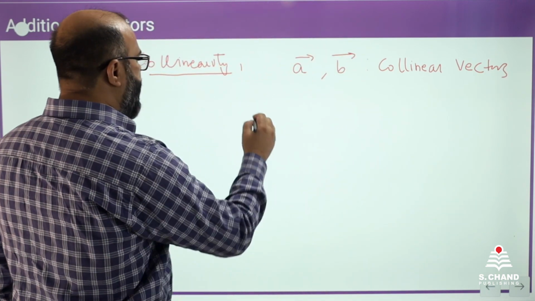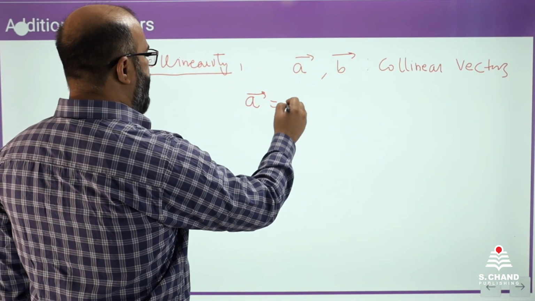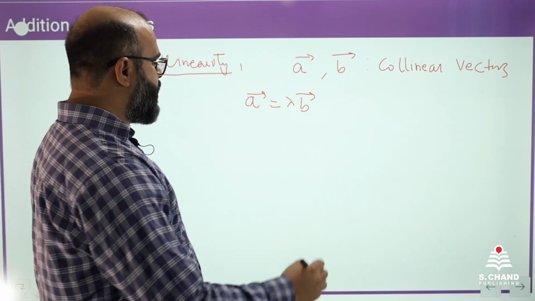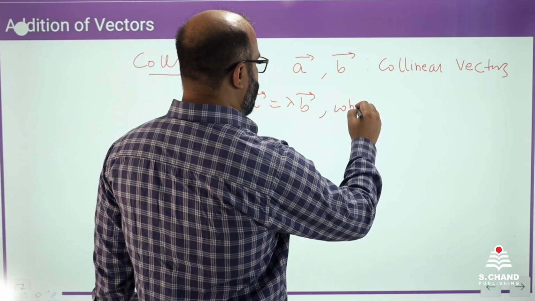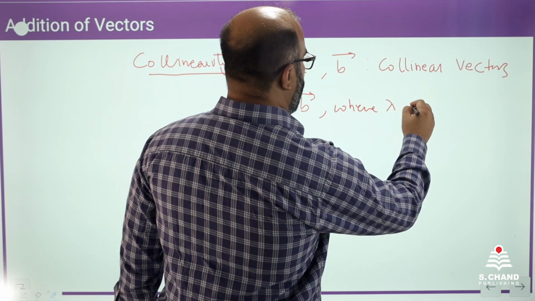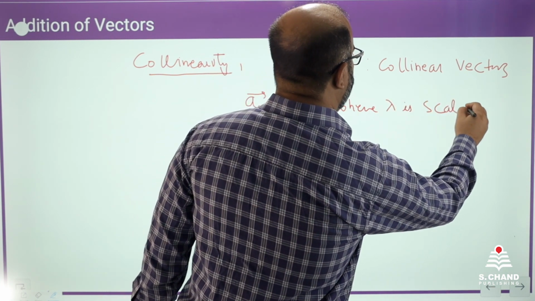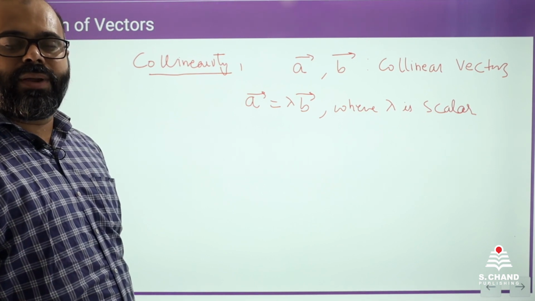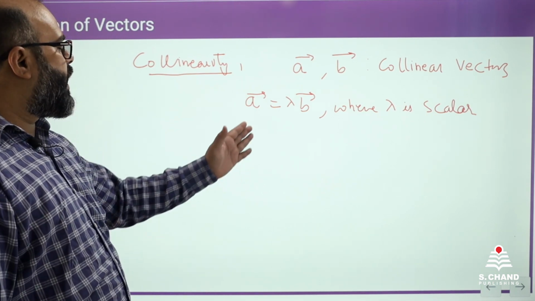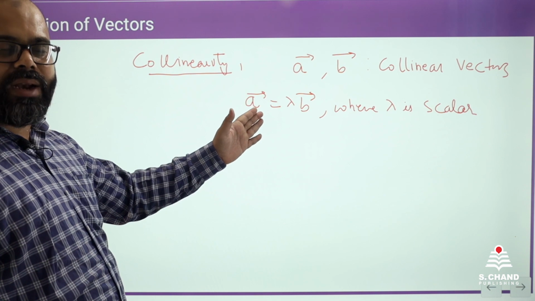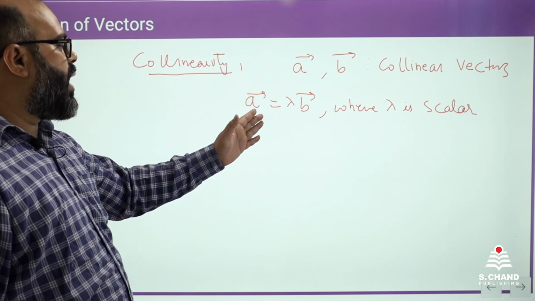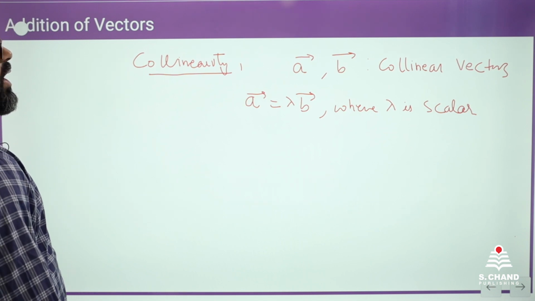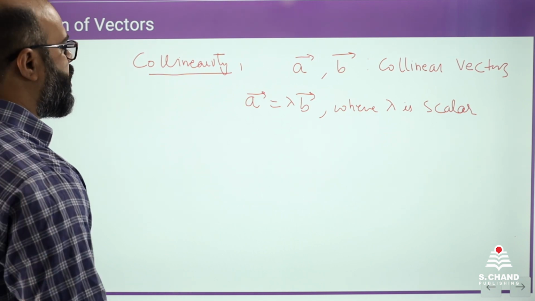We can write A as lambda B always, where lambda is some scalar, because we know that the direction is the same, there may be only a difference of magnitude or they may be anti-parallel. So lambda can be negative in case of anti-parallel, and in magnitude having different value, lambda can have different value, but the direction of A and lambda B will be the same.